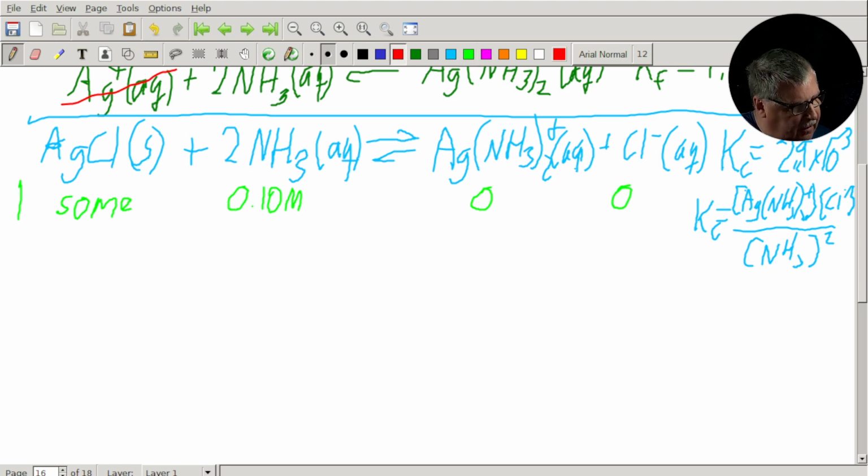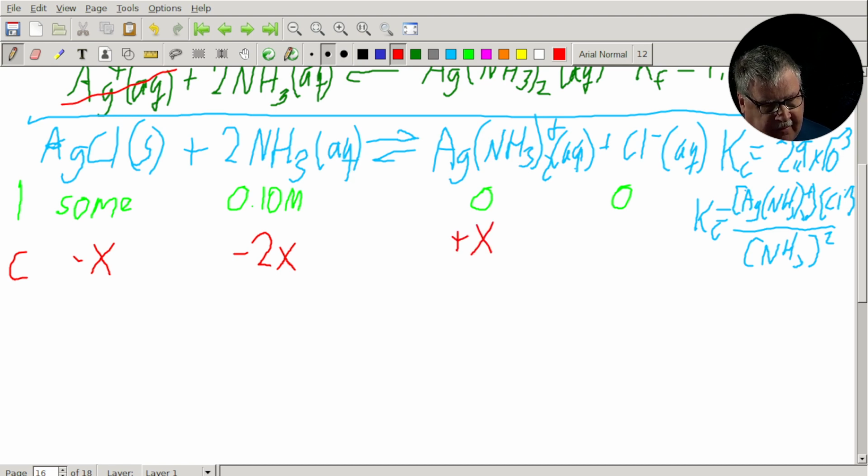And so, in order to reach equilibrium, we're going to have to dissociate X moles of AgCl. That's going to take along with it 2X moles of ammonia, and it's going to form X moles each of the complex and of the chloride ion.